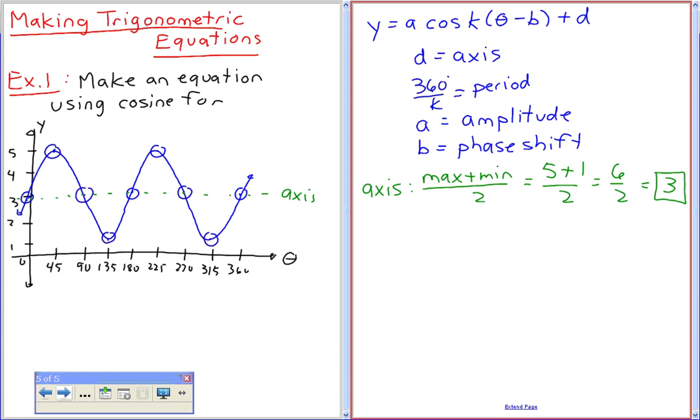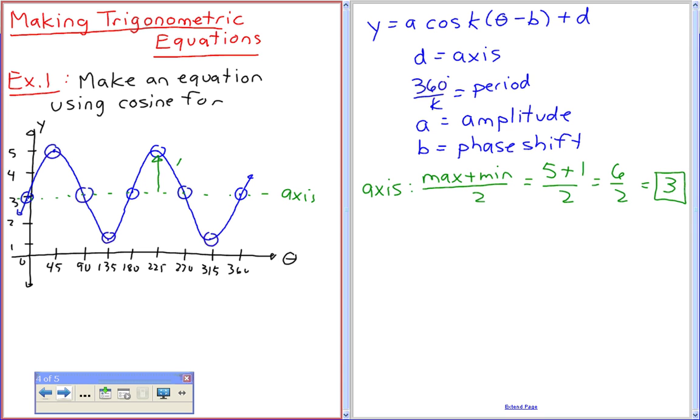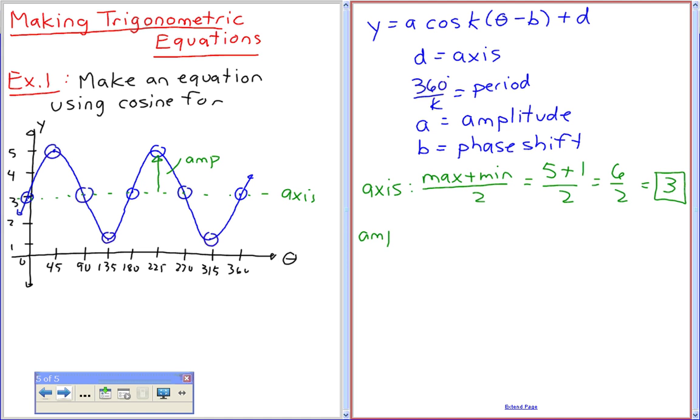Okay, can someone else tell me something else you know from that graph? What would the amplitude in this case be? If the axis is going to be 3, what's the amplitude going to be? 2, okay. My amplitude is 2, and again, it's just going to be this distance. If you need to calculate it, this is going to be max minus min over 2, which happens to be 5 minus 1 over 2, which is 4 over 2, which is 2.